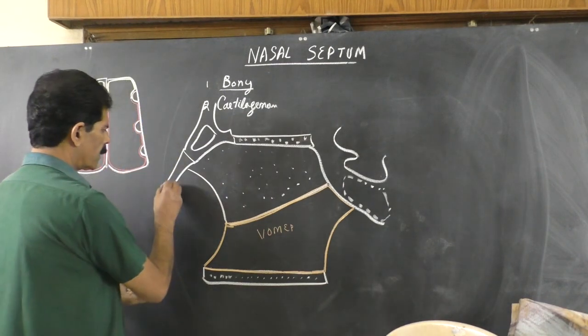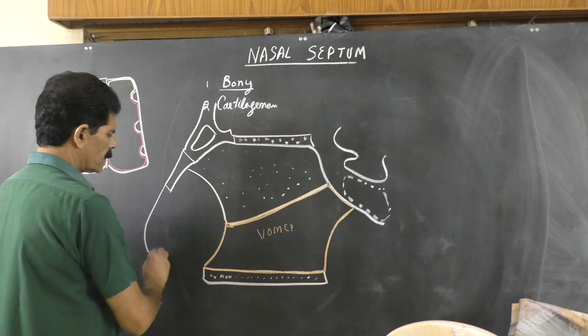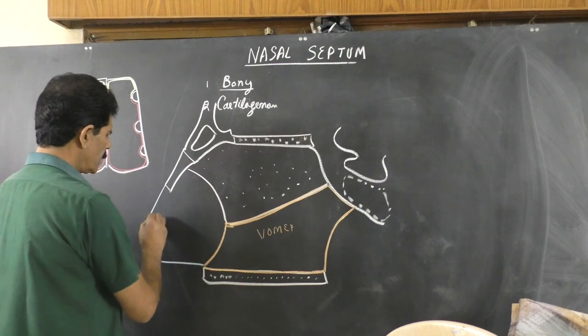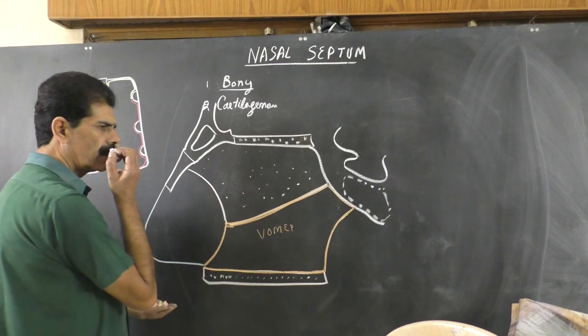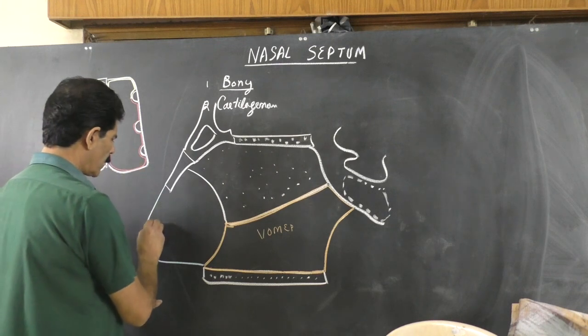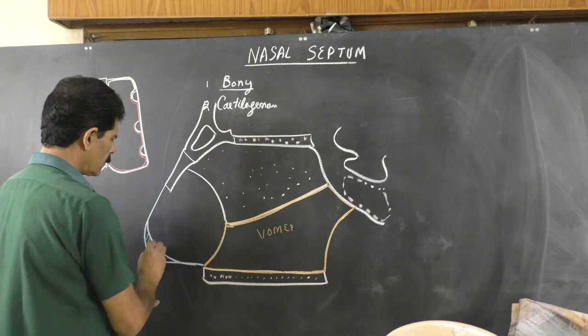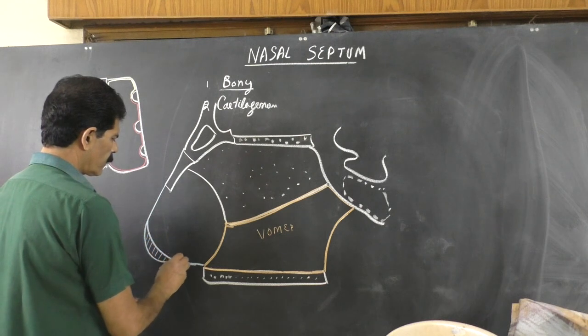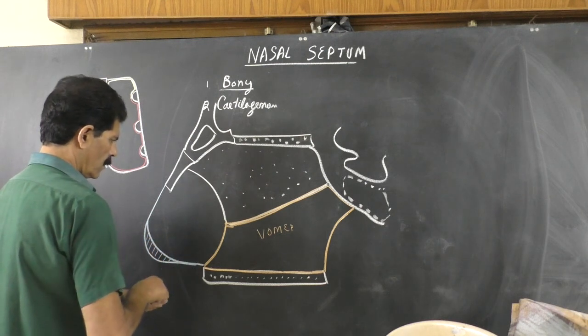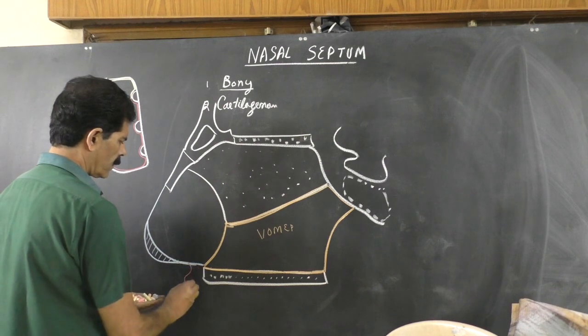The anterior part is cartilaginous. This is called the septal cartilage, but near the lower part, anterior part, this is the true skin of this part.